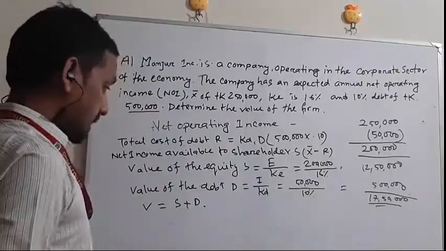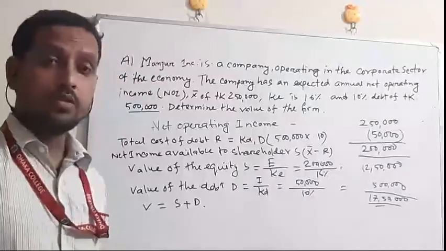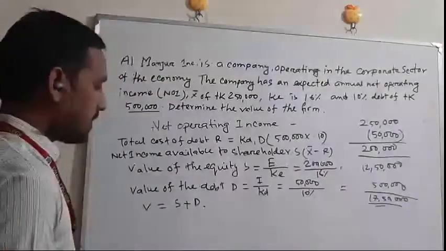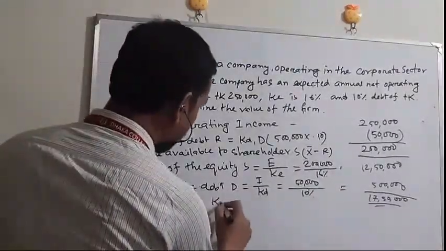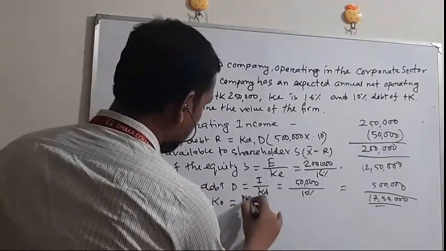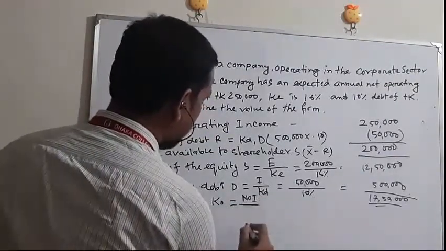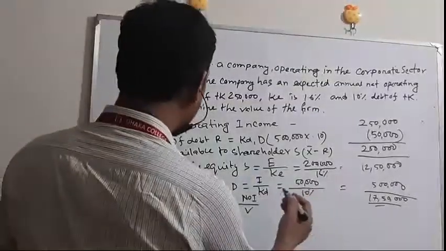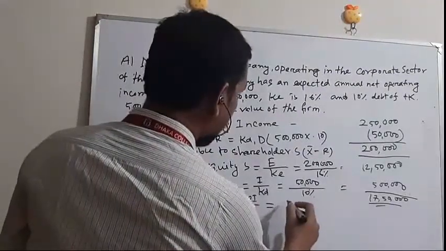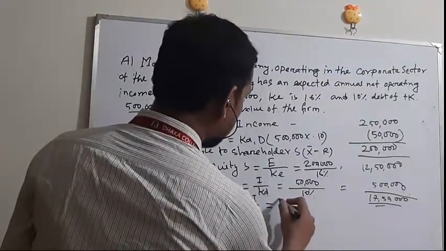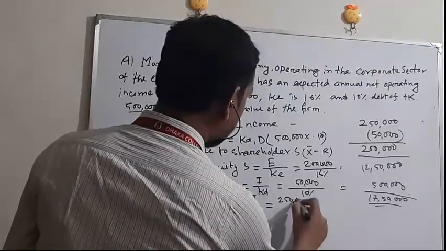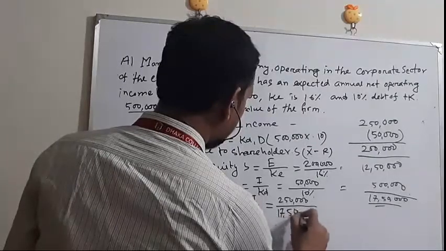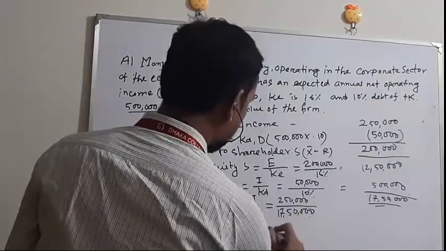So now we bring out the overall cost of capital, expressed as KO. KO equals NOI divided by V, the value of the firm. The net operating income is 2,50,000 taka and the value of the firm is 17,50,000 taka.